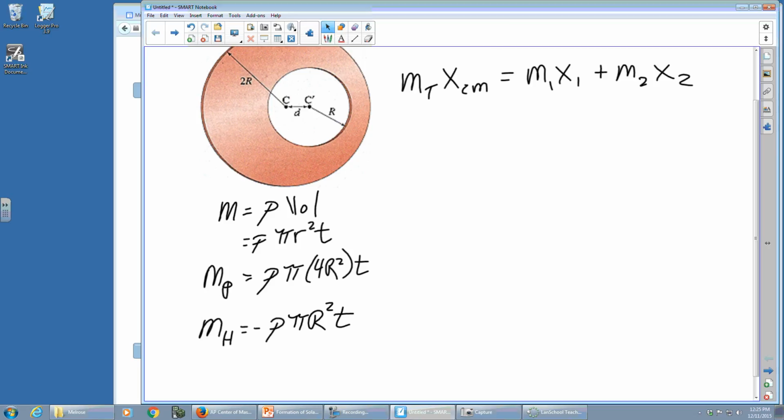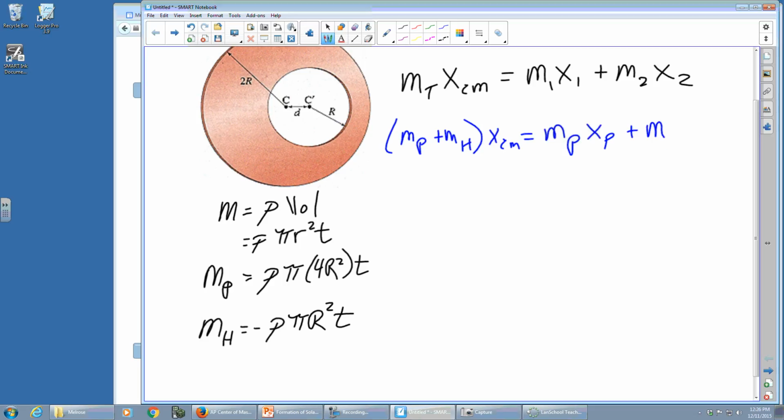So the way that I do this is my total mass is the mass of my plate plus the mass of the hole, which remember is negative, times xcm, and this will be the mass of the plate times the location of the plate center of mass, plus the mass of the hole, which remember will be negative, times the location of the center of mass of the hole.